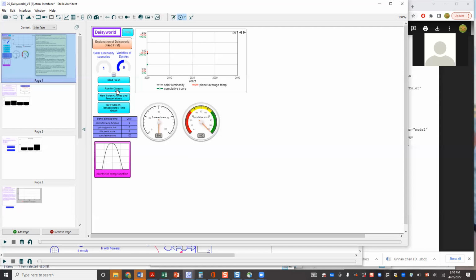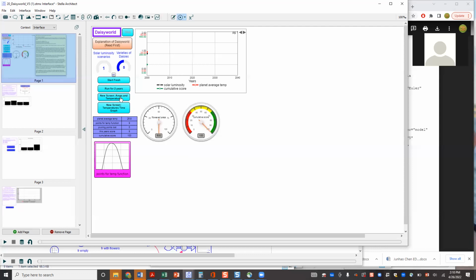And so that makes the model potentially interactive with your audience, where you can run it for 2 years and then have them think about it and potentially engage in management activities like pruning black or white daisies. So it creates these modeling situations that can be interactive instead of just the model running and doing everything it's going to do.